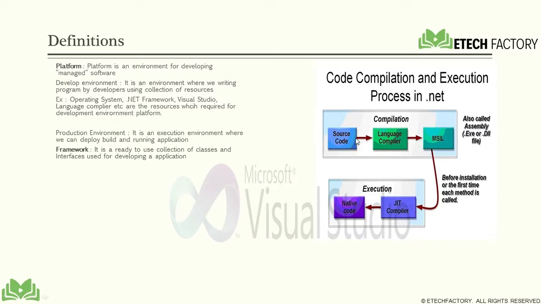If the source code is C#, then the C# compiler compiles this source code and converts it into MSIL, the Microsoft Intermediate Language. Then the CLR, the Common Language Runtime, uses this MSIL and converts it into native code using the JIT compiler. This is the execution process. This native code is understood by the operating system.